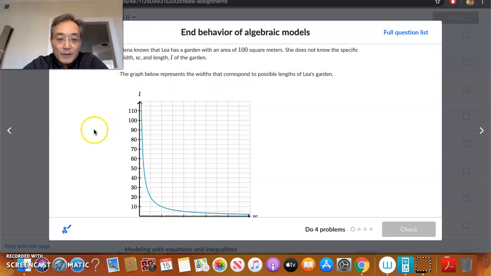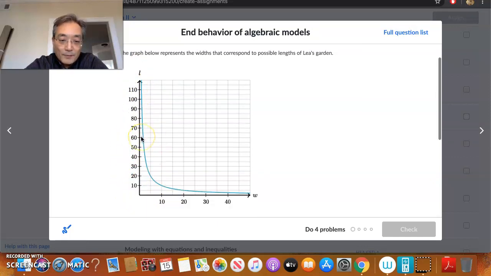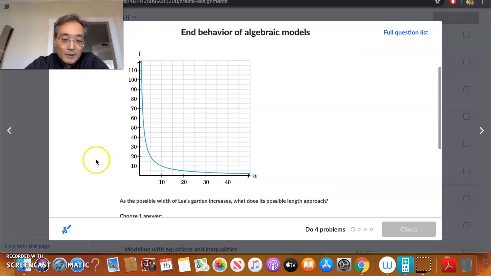In this particular function, what's given is a graph of possible values for length. So the length is on the y-axis and the widths are on the x-axis.